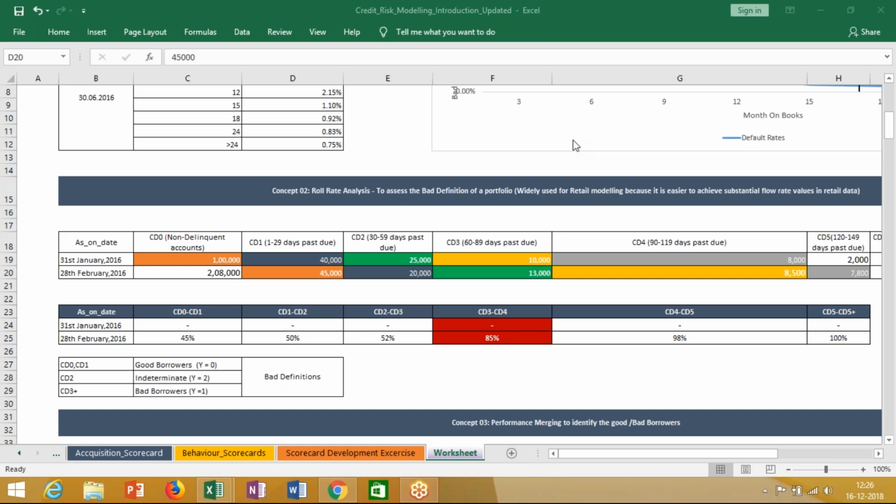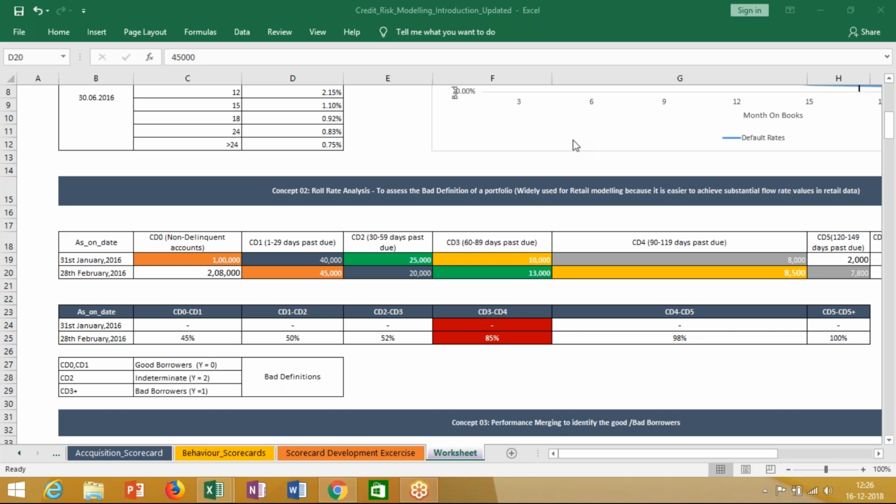So don't go into the depth of the calculation. Just look into the pattern of the figures and the way the conclusions are derived over here, because we're just trying to understand the framework first. Once we are done with the framework, then we can start talking about the calculation and going into the depth of the technicalities gradually. So is the concept of roll rate clear to you?